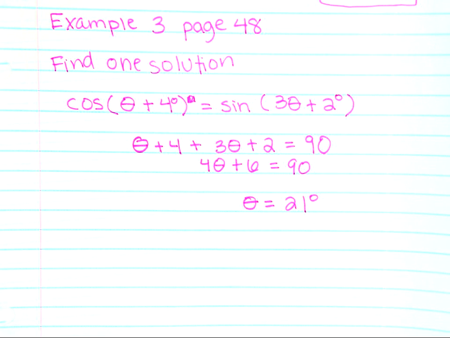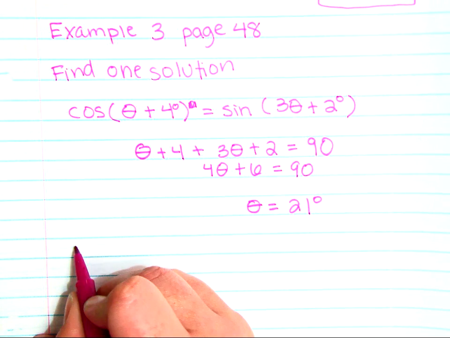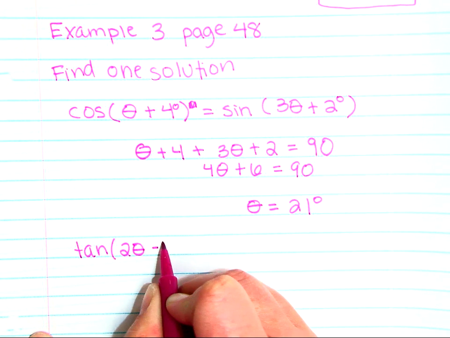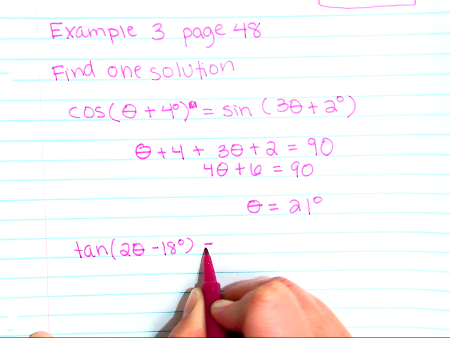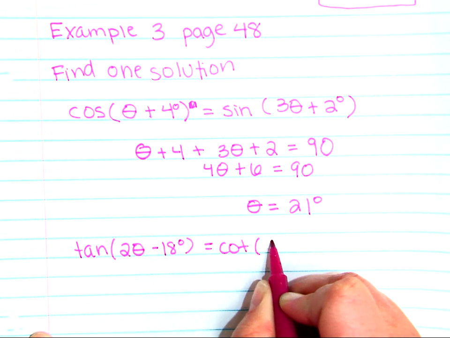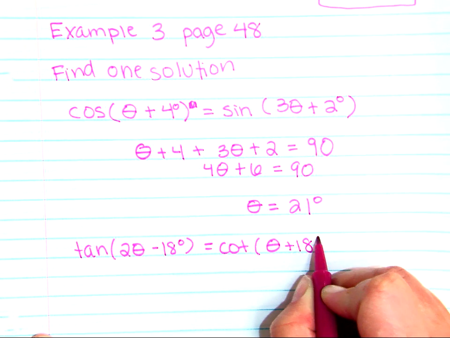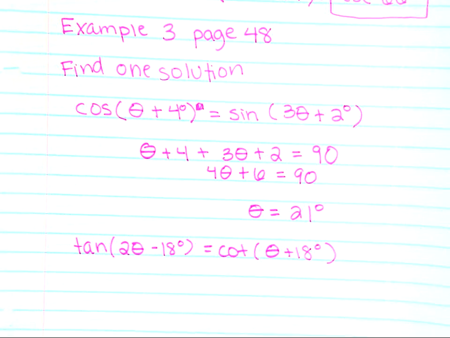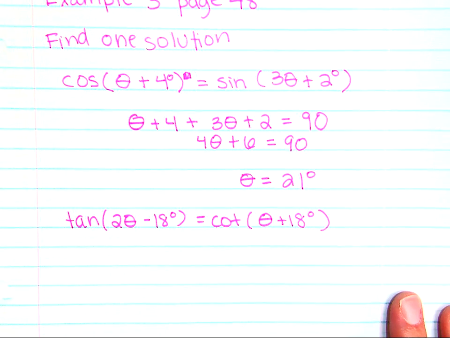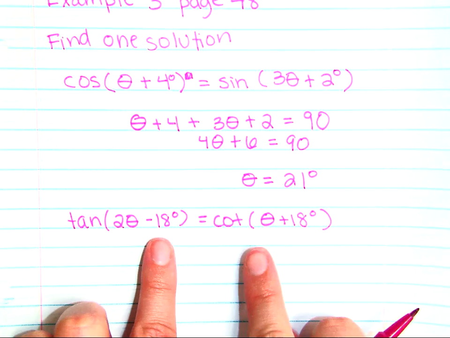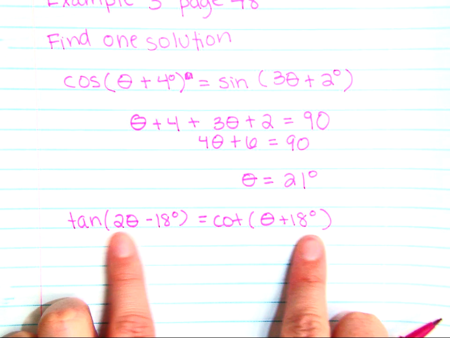So, what about the tangent of 2 theta minus 18 degrees equals the cotangent of theta plus 18 degrees? Well, I want to solve this. I'm trying to figure out what theta is. I'm really trying to figure out in the long run what these two angles are that they could equal each other.